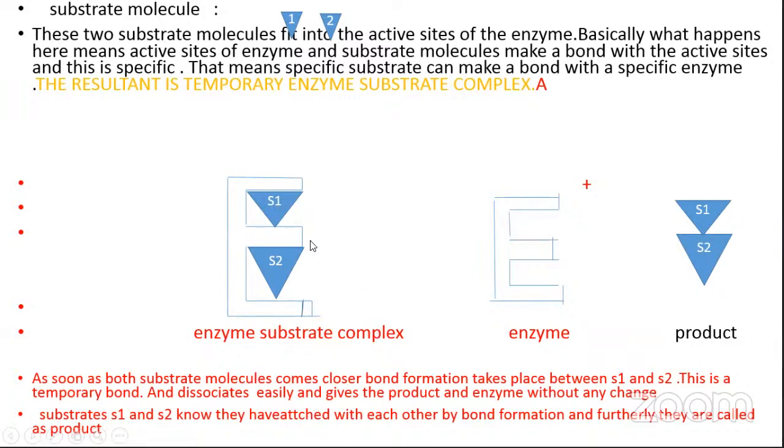Okay. Then after developing this complex, they undergo a reaction, and this reaction results in the formation of an end product and the enzyme separately. That means further reactions result in the development of the enzyme again without any change, and an end product.